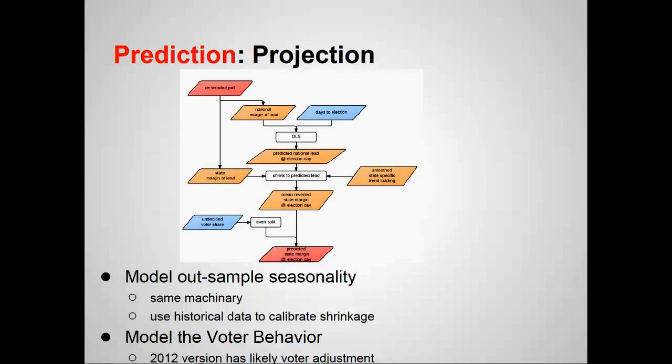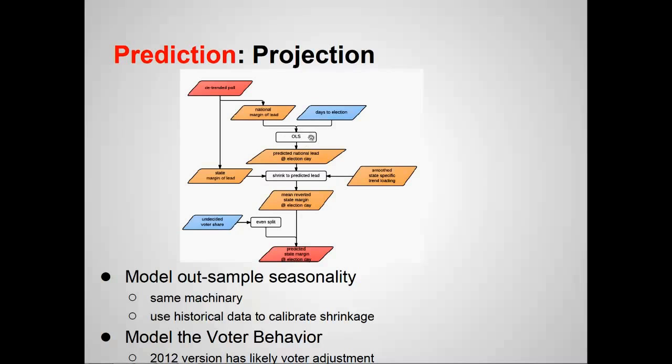So you want to do a similar process to what we did in the trend line adjustment. We want to first incorporate the idea of mean reversion. The trailing candidate tends to be catching up as we run into the election. So basically, you calculate historically, let's say, looking at the past 20 presidential elections, what is the national margin of lead at the third day, and how it fades away into the final election day.